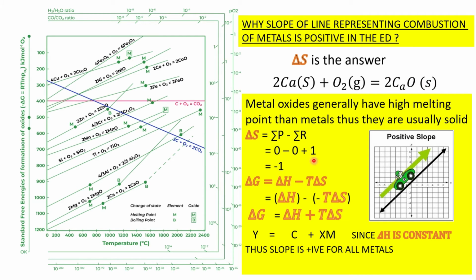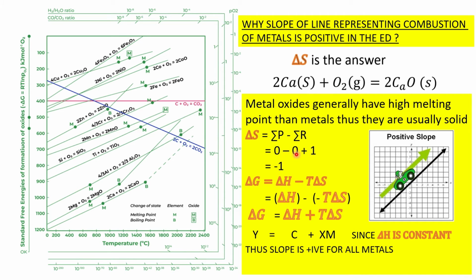So what happens in that case? If I take this particular example, most of the metal oxides generally proceed in this way only. This is the change in entropy. This is the summation of the entropies of the products minus the summation of the entropies of the reactants. Here the entropy is 0 for this solid calcium, but for this one it is +1, right?